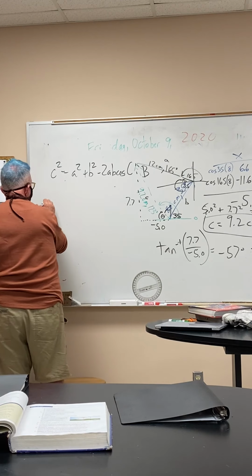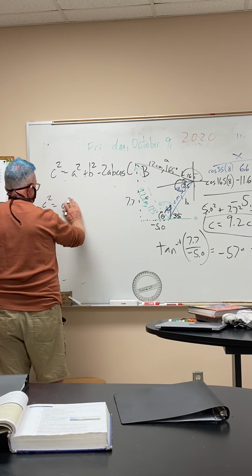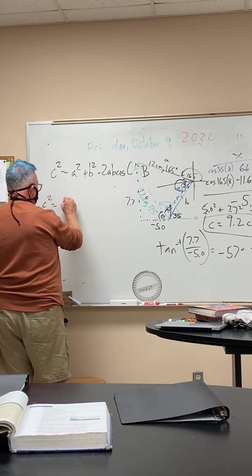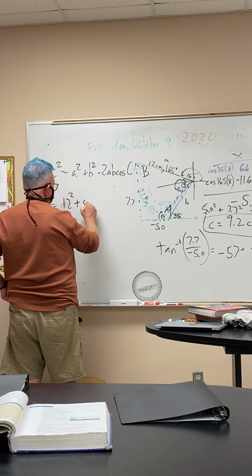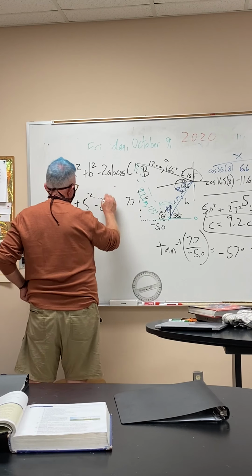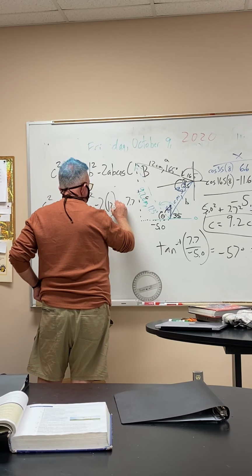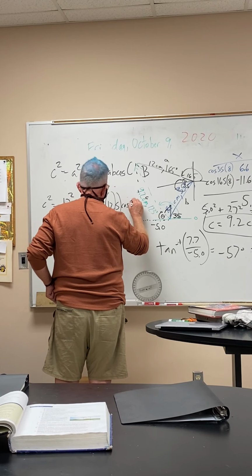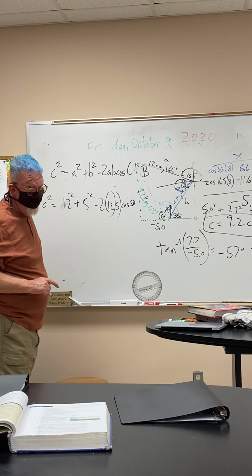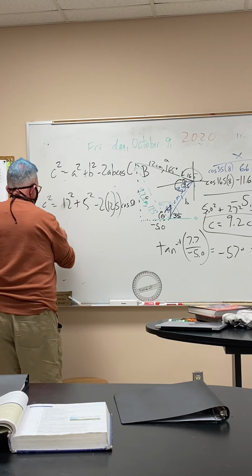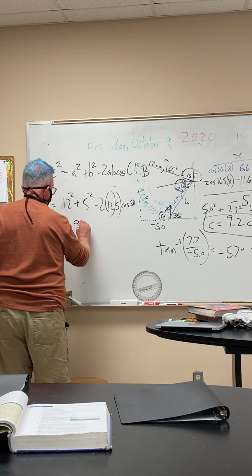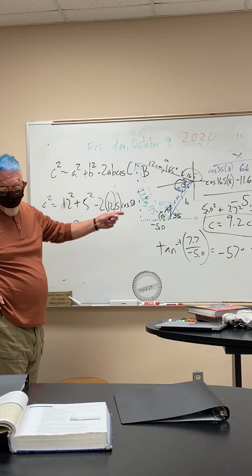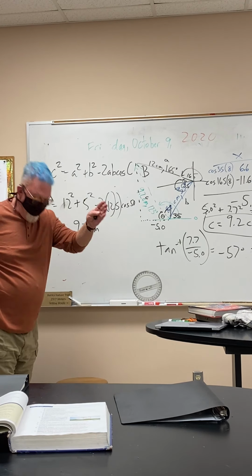So we have c squared equals 12 squared plus 5 squared minus 2 times 12 times 5 times cosine of 50. And lo and behold, when you solve it, you get 9.2 centimeters. Works both ways.